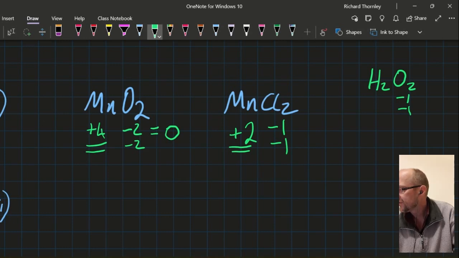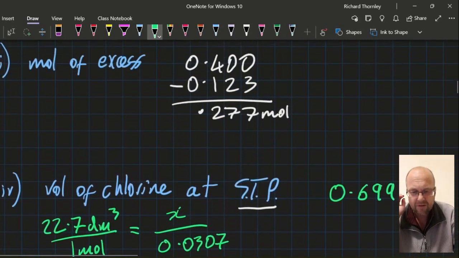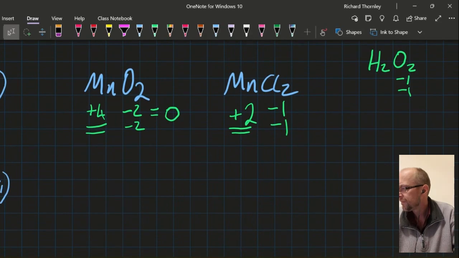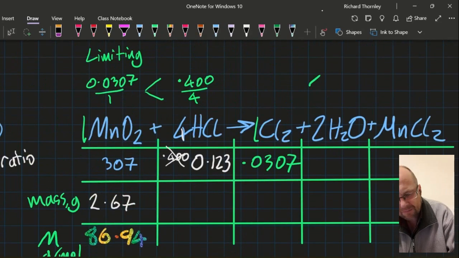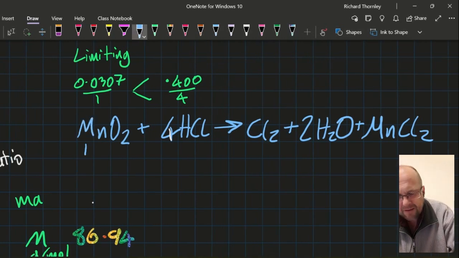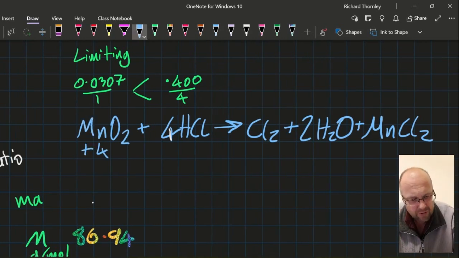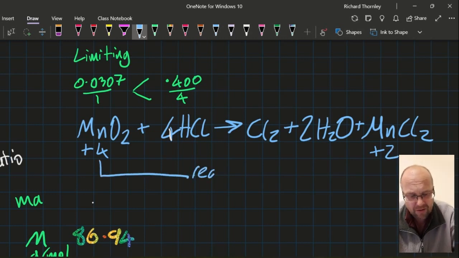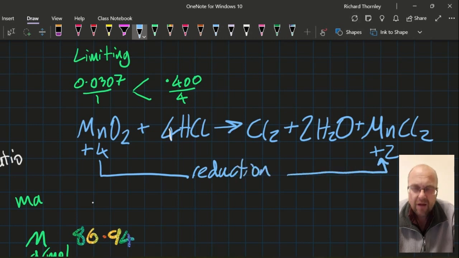Next up, is MnO2 an oxidizing or reducing agent? Okay, so do we have the equation? All right, so manganese goes from +4 to +2. It's gone down. That's reduction. That makes sense, so I'm going to put reduction. The number's gone down, and I always think an oxidizing agent is itself reduced.